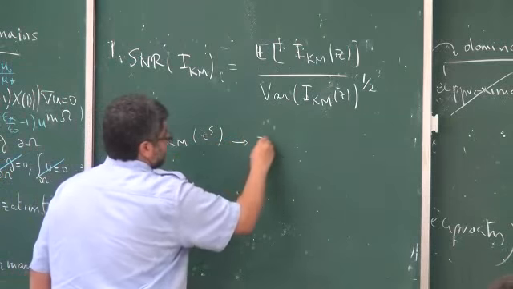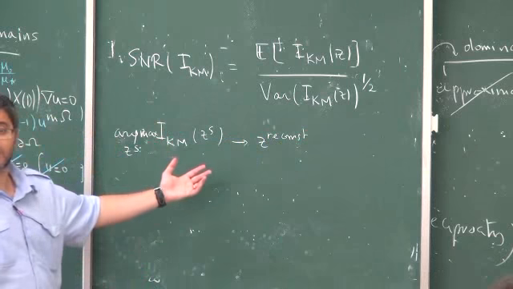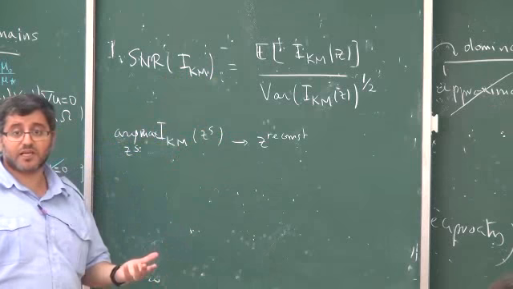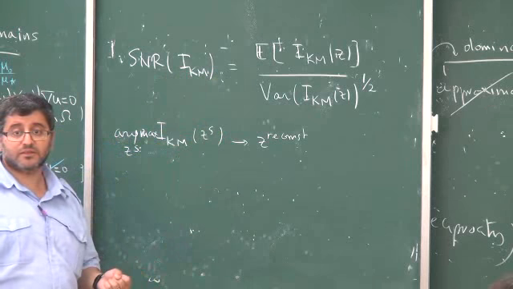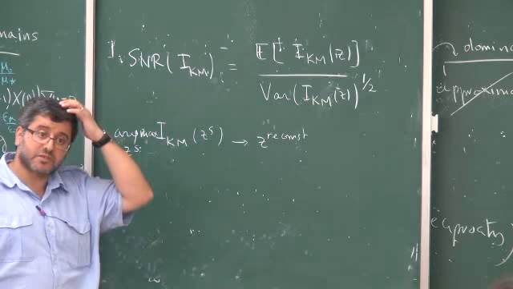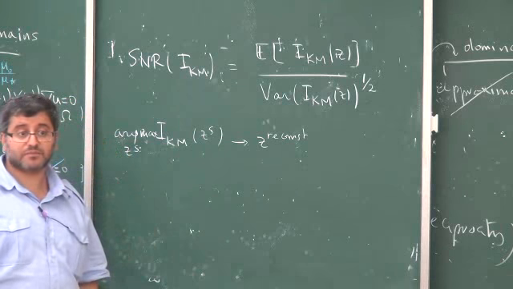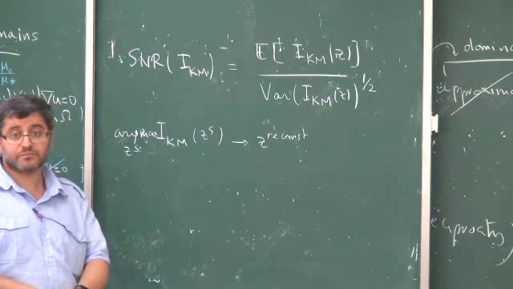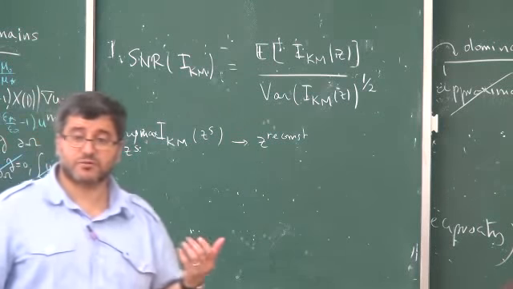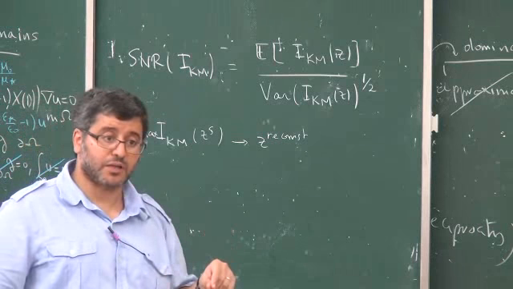This gives you Z reconstructed. If S, the signal to noise ratio defined in this way, is very large, it means that this Z reconstructed is closer to Z true. If it's very low, it means that it may be very far from the Z true. Right? So the best imaging function is the one which gets you the highest signal to noise ratio at the true location.